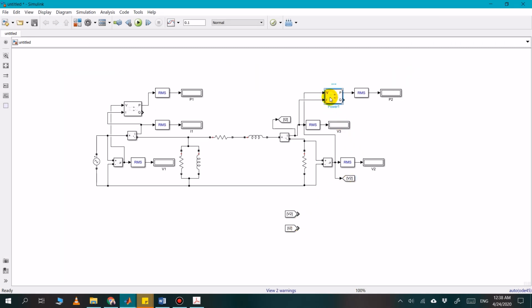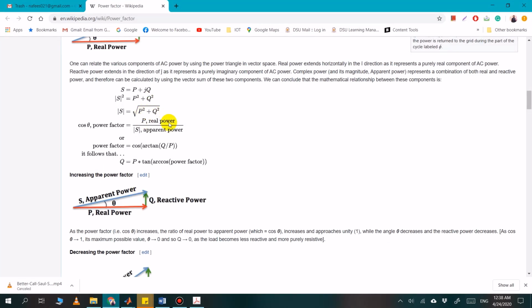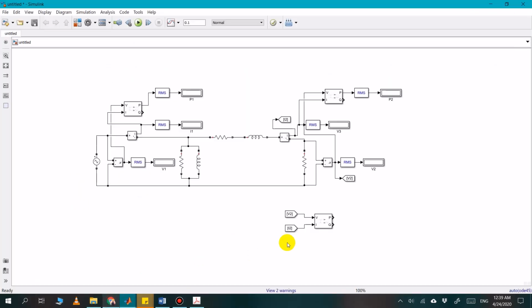We have this power block right here. So we will provide it V2 and I2. Then we have P and Q. So to implement this formula, we need a square root, we need a square block, and we need a divide block.